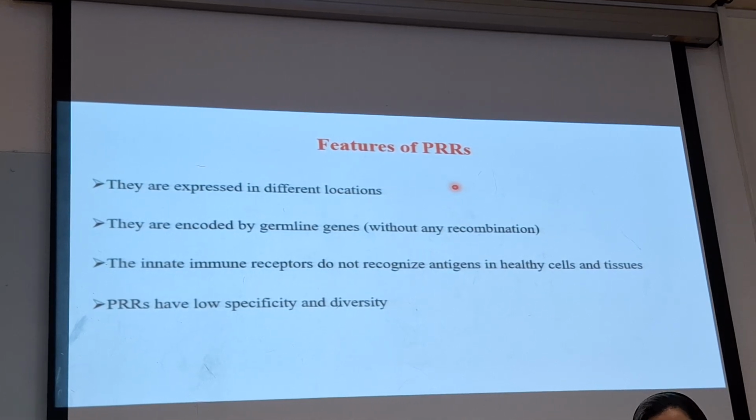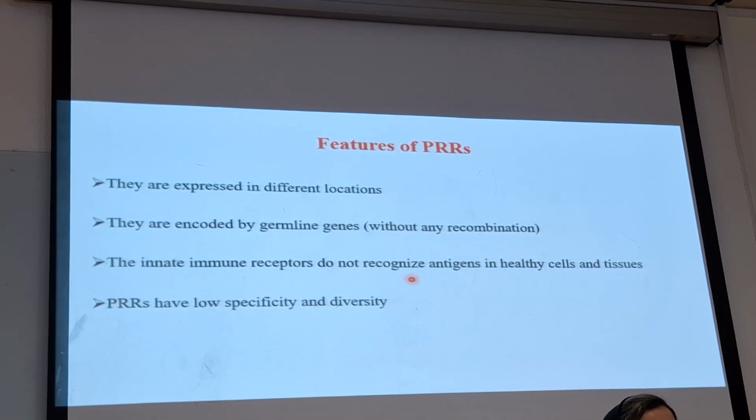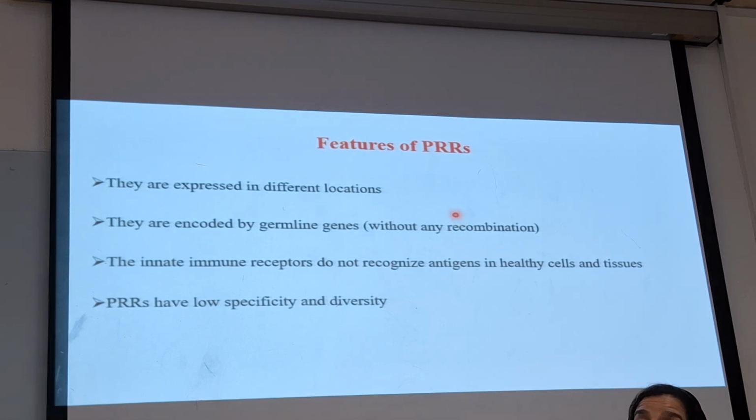PAM recognition receptors have little diversity, and they are encoded by germline DNA. On the contrary, in the adaptive immune system, BCR and TCR are generated through recombination, so we have a lot of types of TCR and BCR, and their diversity is high.